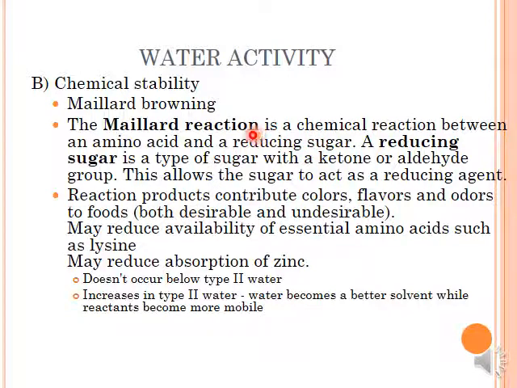So what is reducing sugar? Reducing sugar is a type of sugar which has either a ketone or aldehyde group. If you have food containing amino acid and also reducing sugar, then most likely the food will undergo Maillard reaction. We will look at reducing sugar in more detail under carbohydrate.